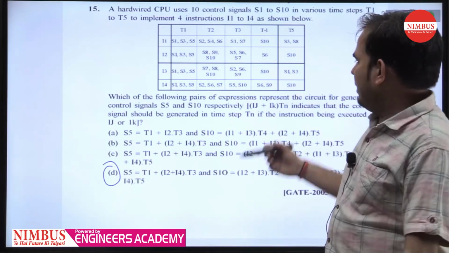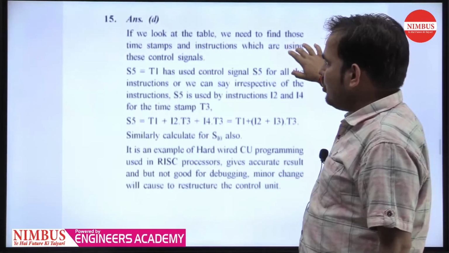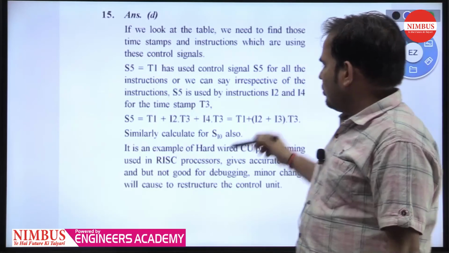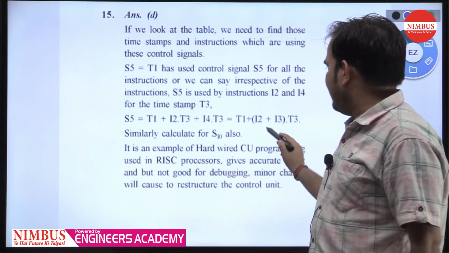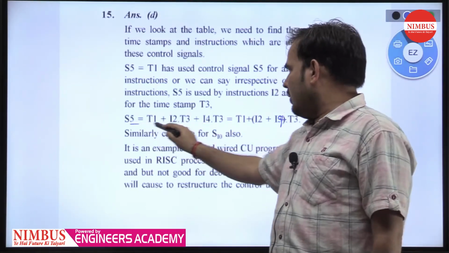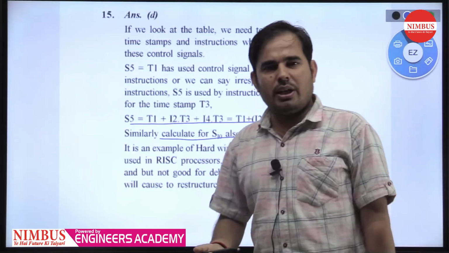I hope you understand. Here I2 plus I4 is there, a printing mistake. So this is the control signal for S5. Similarly we can calculate for S10 as I told you in the question.